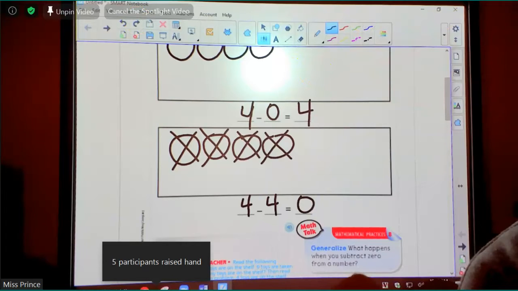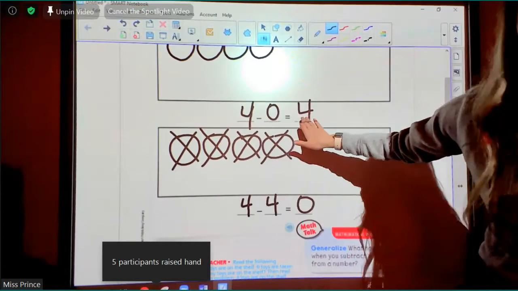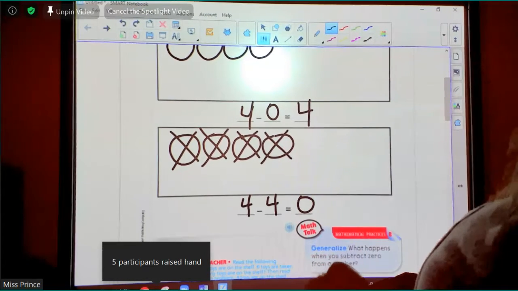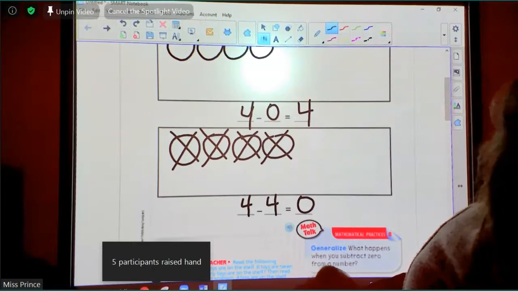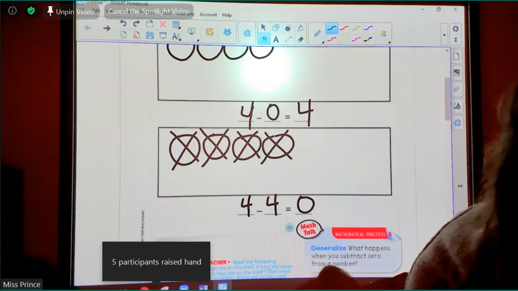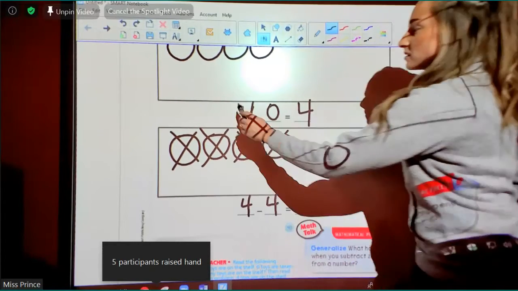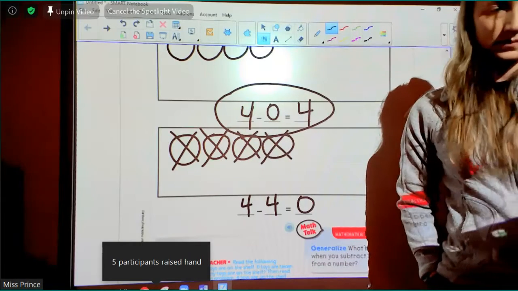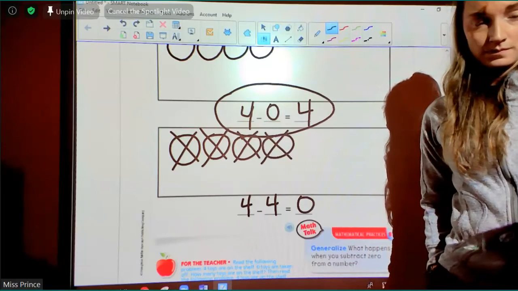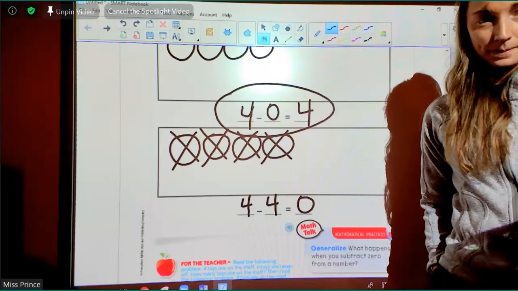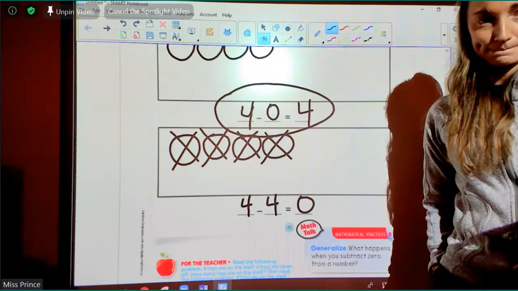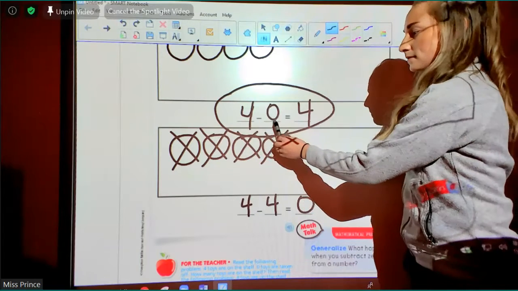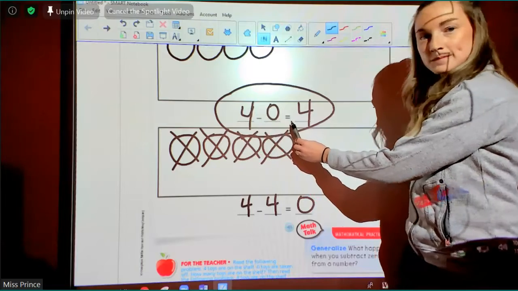Okay, before we move on, I'm going to be calling on students to read one of these equations, okay? So get ready if I call on you. Kaya, will you please read me this equation? Four minus 0 is 4.